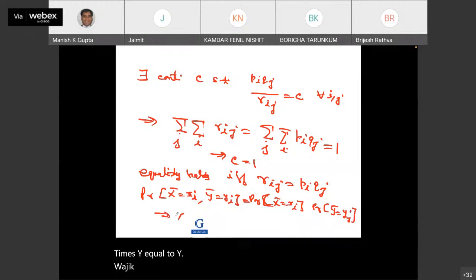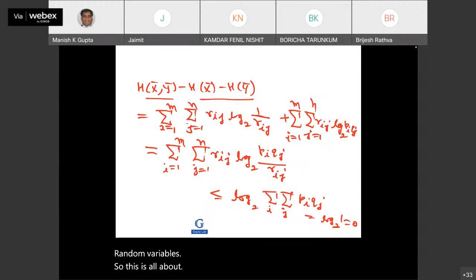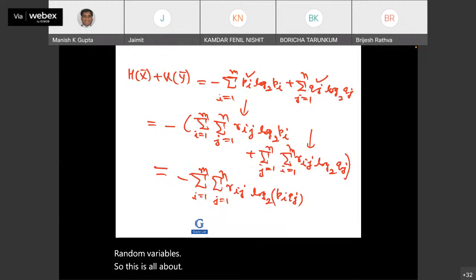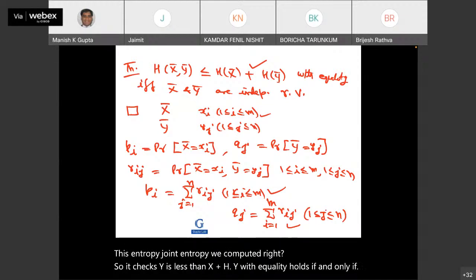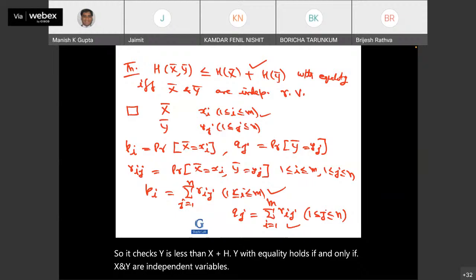And this shows that X and Y are independent random variables. Right. So this is all about joint entropy, which we completed. H(X,Y) is less than or equal to H(X) plus H(Y), with equality if and only if X and Y are independent variables. I think that's all.